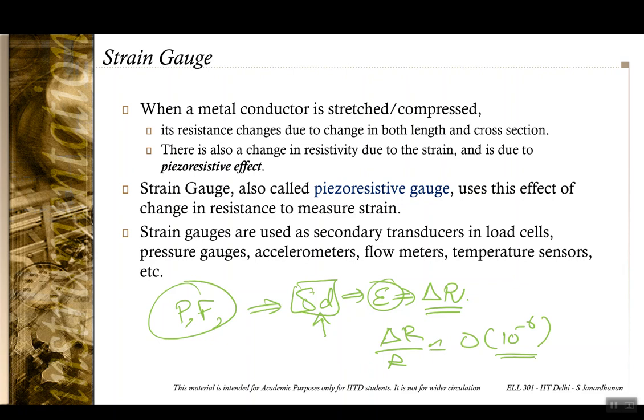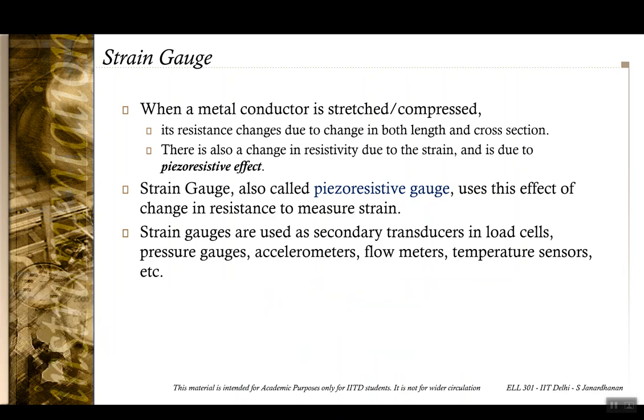Which would mean that we would only be seeing displacements or deviations of the order of 10 raised to minus 6, which are really not useful to be measured as resistances. So in effect, what I want to say is that strain gauges are not used as primary transducers, they are used as secondary transducers only.